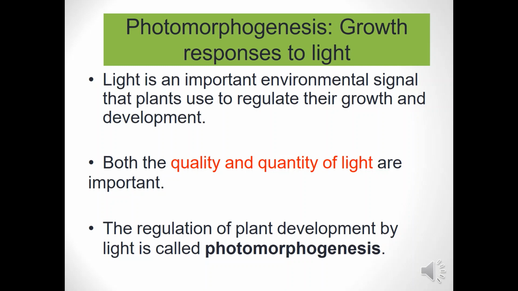Because of that, the quality and the quantity of light are really important in giving the response to this development. The regulation of plant development by the light we call photomorphogenesis. So photo means light, morphogenesis means the development.